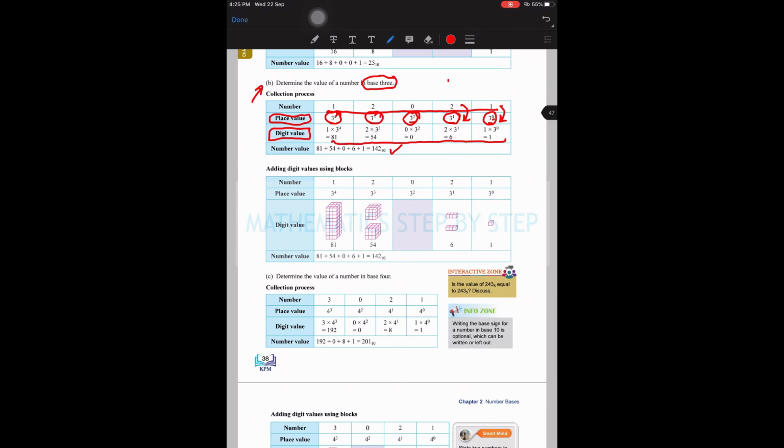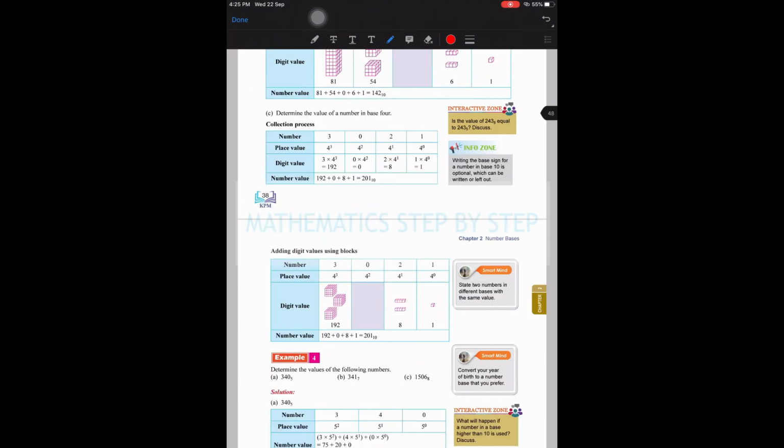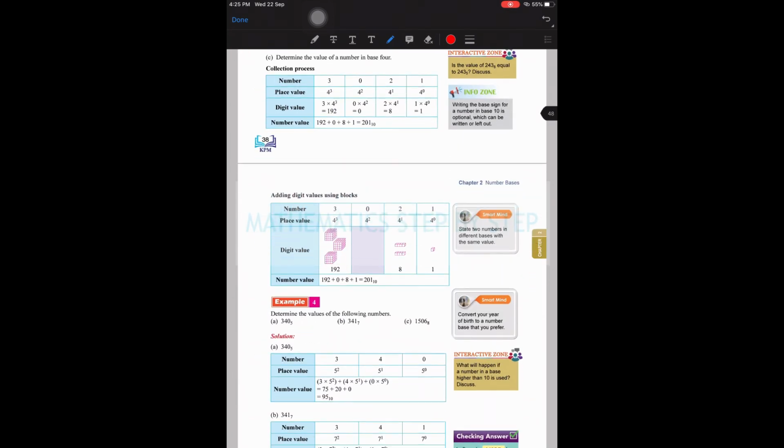So this is 12021 base 3 in base 10. Then now let's look at another example. We can see that the place values are 4 to the power 0, 4 to the power 1, 4 to the power 2, 4 to the power 3.